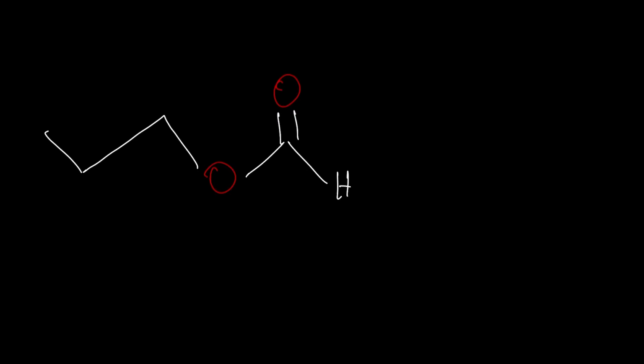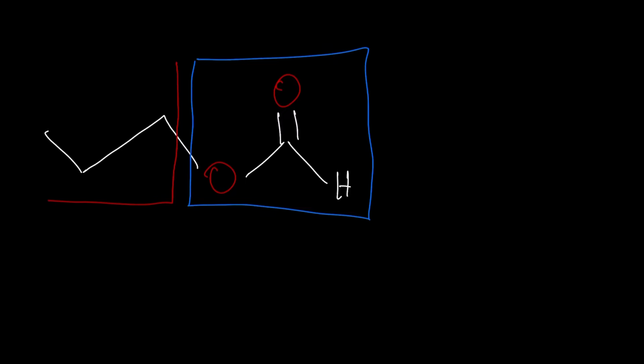So again, you want to divide it up into one section that has both oxygens, and another section where you have the carbons that are on the side. Here you can see we have 3 carbons, that's called propyl, and then on the side with the oxygens we have 1 carbon, and that would usually be called methane, but we're going to call it methanoate because of the ester functional group.